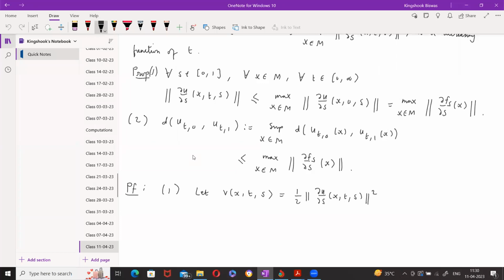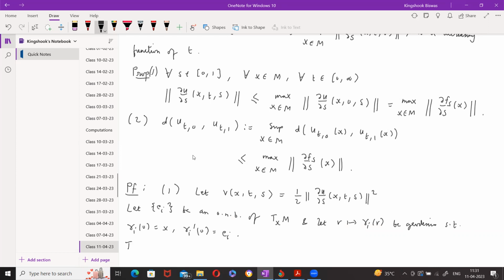So for the Laplacian, you let e_i be an orthonormal basis of T_xM and let r going to gamma_i(r) be geodesics such that gamma_i(0) is x, and gamma_i'(0) is e_i, right?